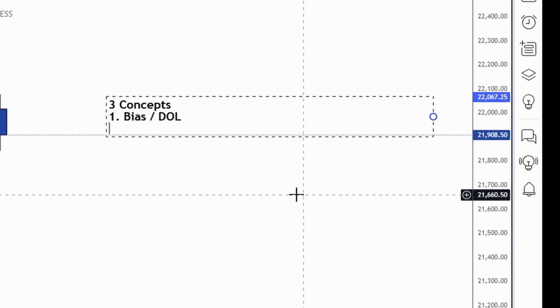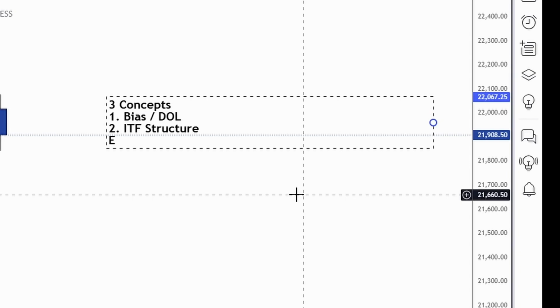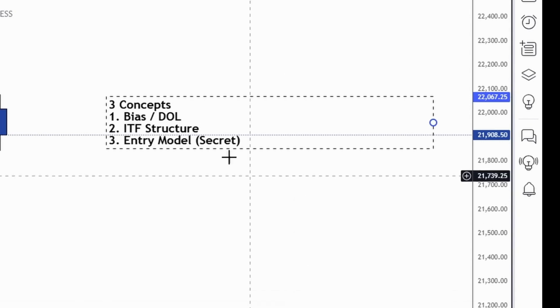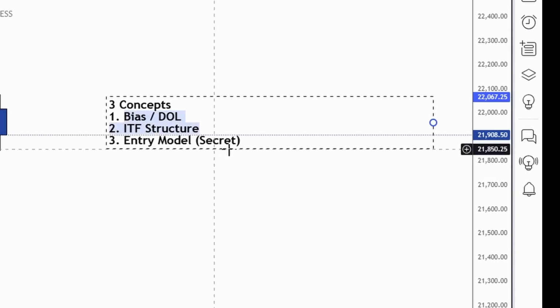Two, intermediate time frame structure. And three, the entry model. I won't tell you what that is yet, because the entry model is going to be the bread and butter. But without these two things, you should never take an entry.